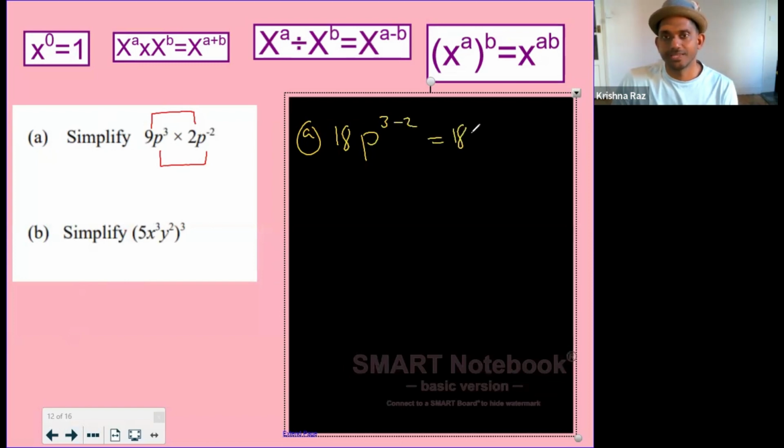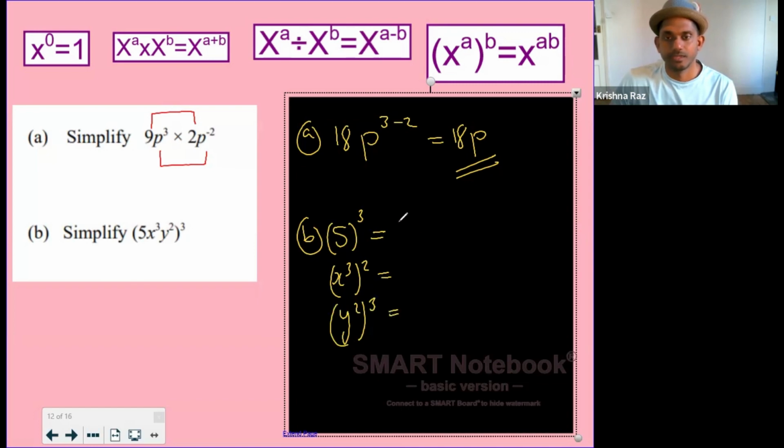So we end up with 18 p, or p to the power of 1, but we don't need to put the 1 down. B here, we need to cube everything. Cube everything, cube everything. That's 125, x to the power of 6, y to the power of 6. So that will be the answer.